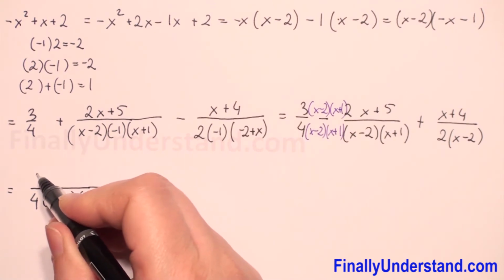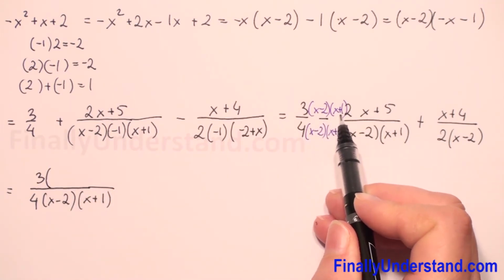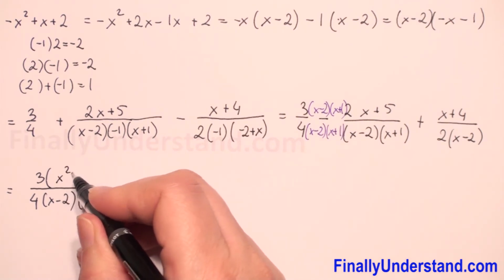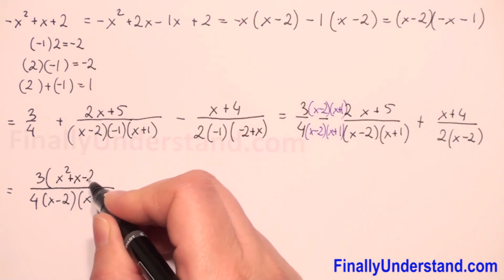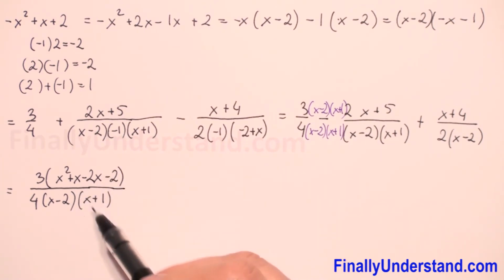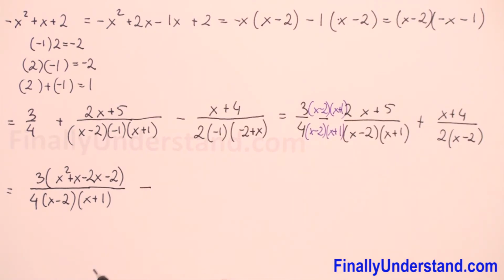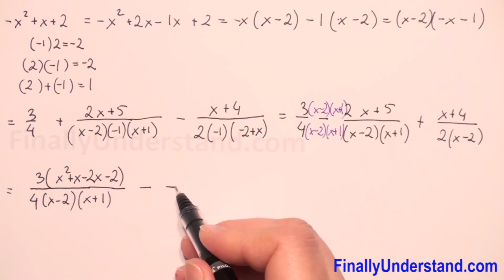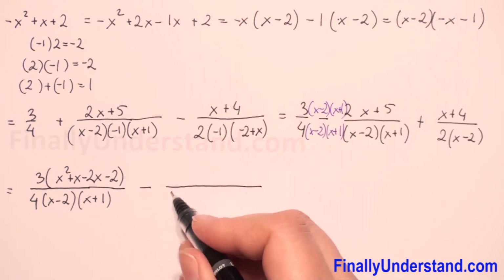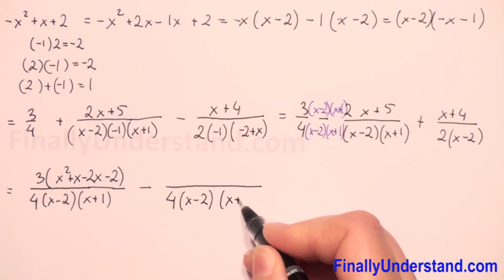So we have 3 times, and first I multiply x minus 2 times x plus 2, so it will be x squared plus x minus 2x minus 2. This is our first fraction, and next we have the negative sign, we have to copy, and the denominator must be the same, so we need 4 times x minus 2 times x plus 1.